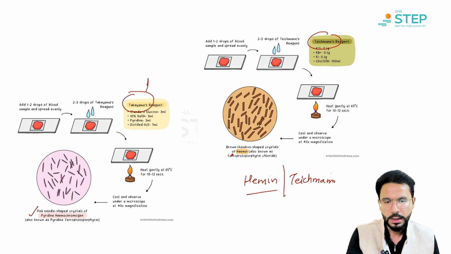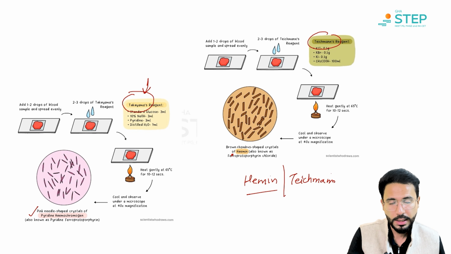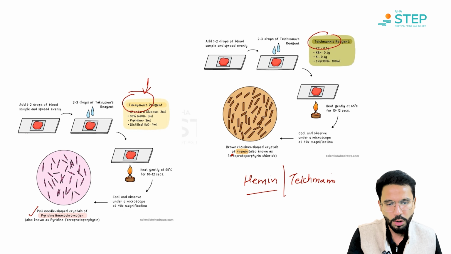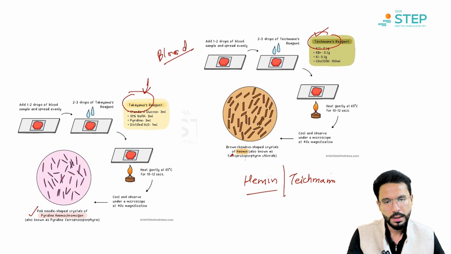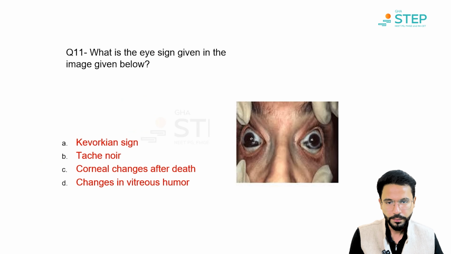If the suspected stain shows you dark rhombic crystals of ferroprotoporphyrin, then it is a Teichmann test. So both these tests are for suspected blood, and Barberio and Florence were for suspected semen.